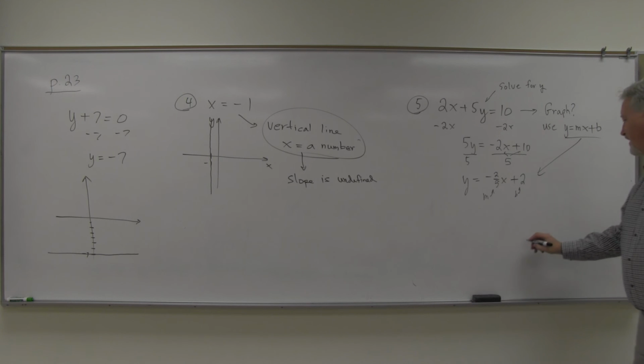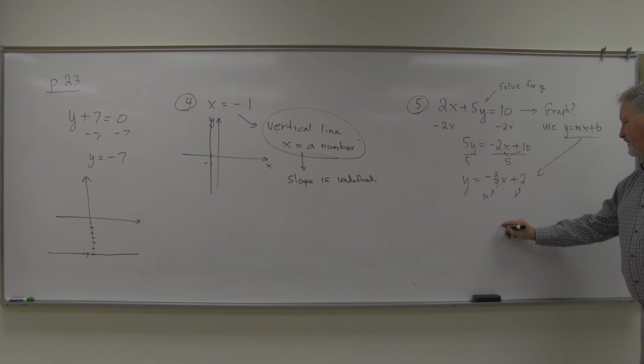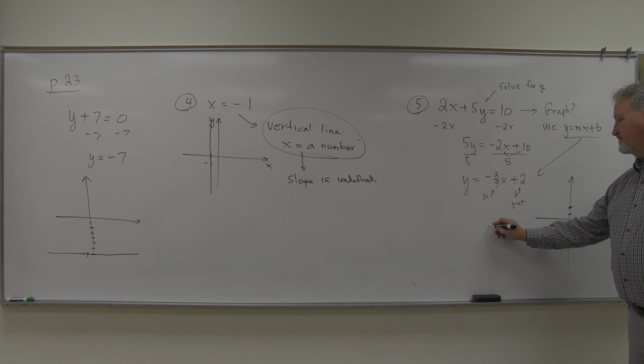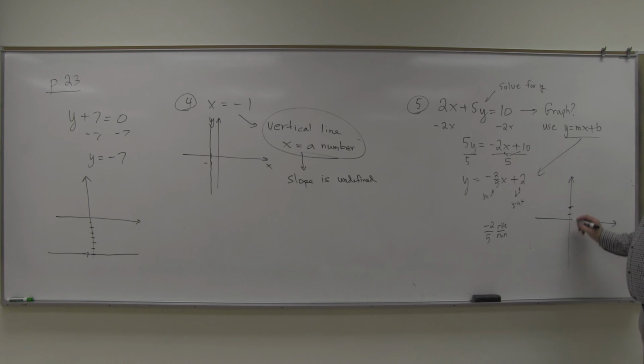And so, yeah, we can graph. The b, what is it? That's the y-intercept. Slope is the rise over the run, so we've got negative 2 over 5 as my rise and run. So that's down 2.